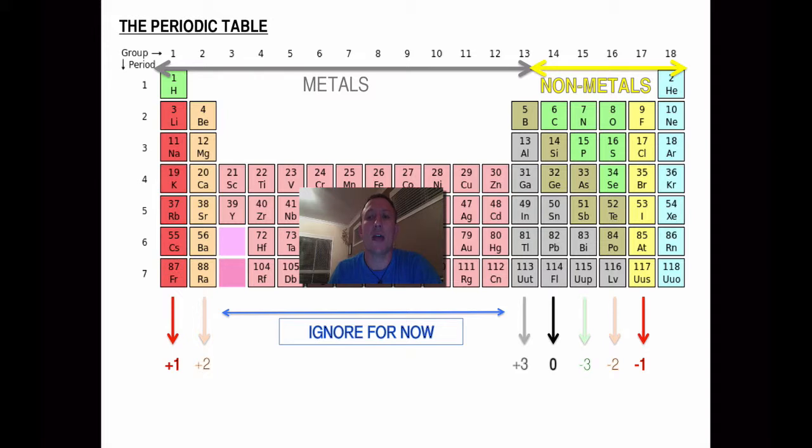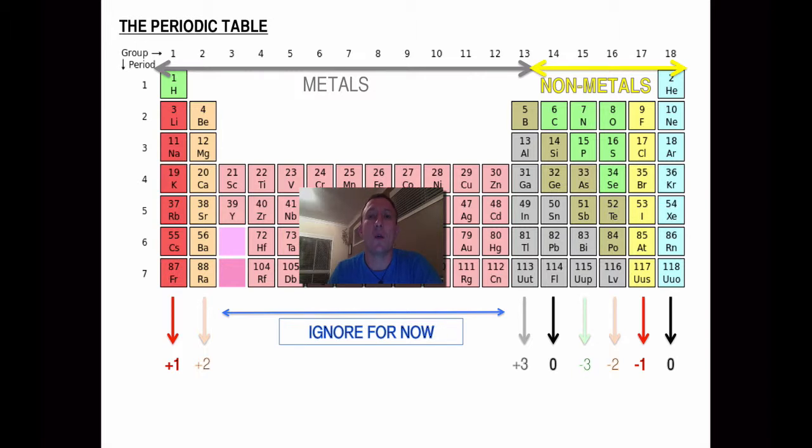These are called the halogens, and basically they have fluorine, which is at the top, which has F-, chlorine, Cl-, bromine, Br-, iodine, I-. The last column, called the noble gases or inert gases, have a complete outer shell. As a result, they do not form any ions. Therefore, they are very unreactive.